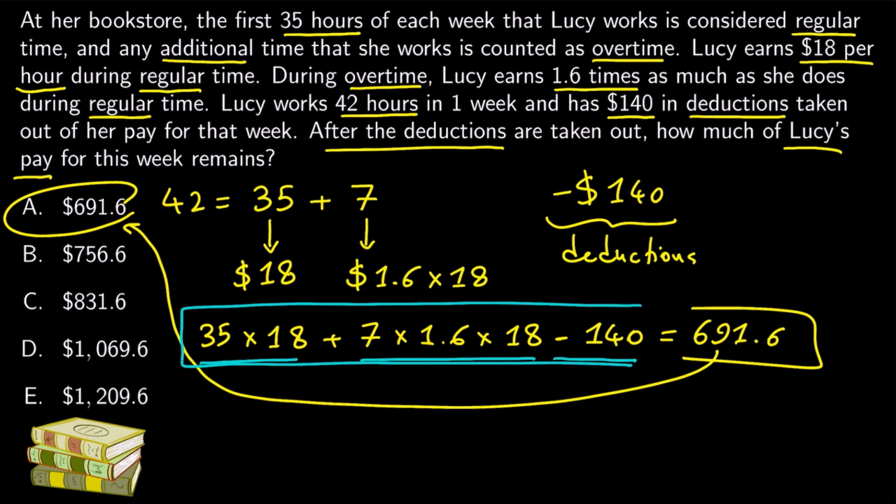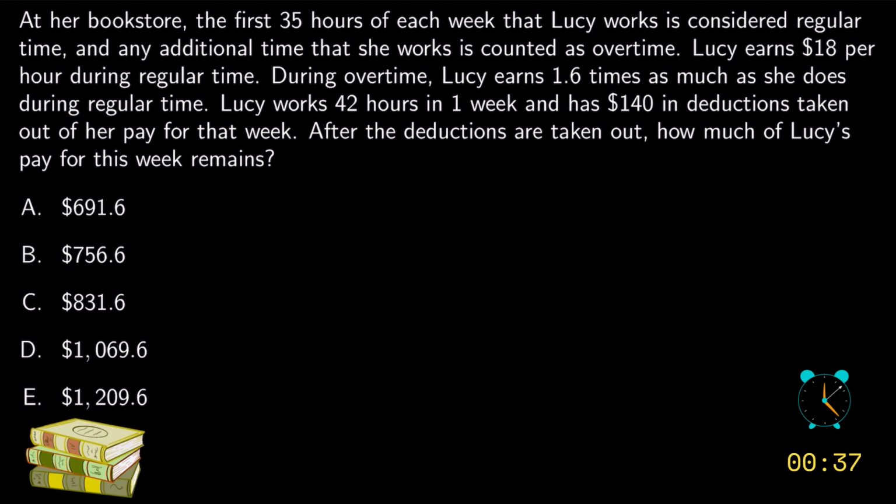Now, let's solve the problem once more. As always, first you should determine what we are being asked for. In this case, Lucy's pay for this week after the deductions. Lucy works 42 hours in a week and has $140 in deductions. 35 hours are considered regular time.